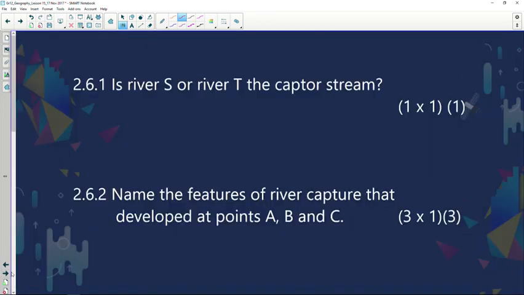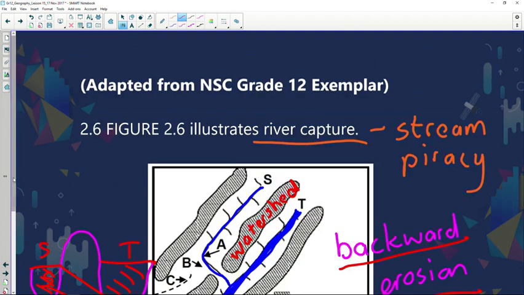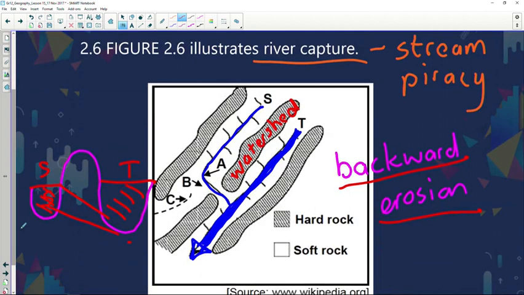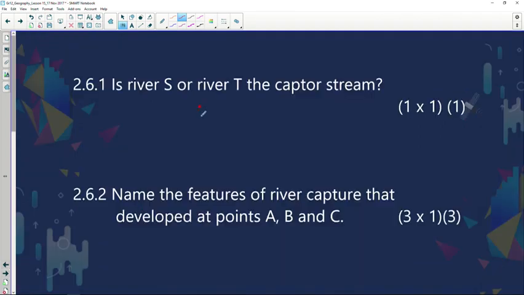Is river S or river T the captive river? Now, if you look at the diagram, river T is the captive river, is the pirate river, is the one stealing the water from river S. So the correct answer over there will be river T.